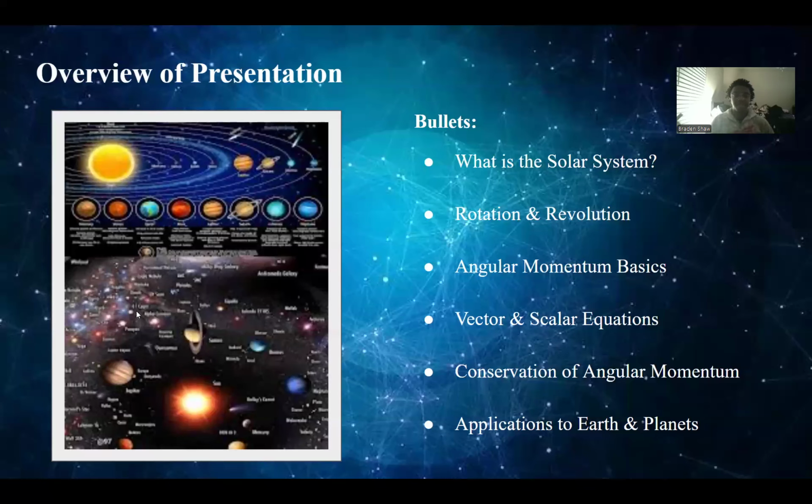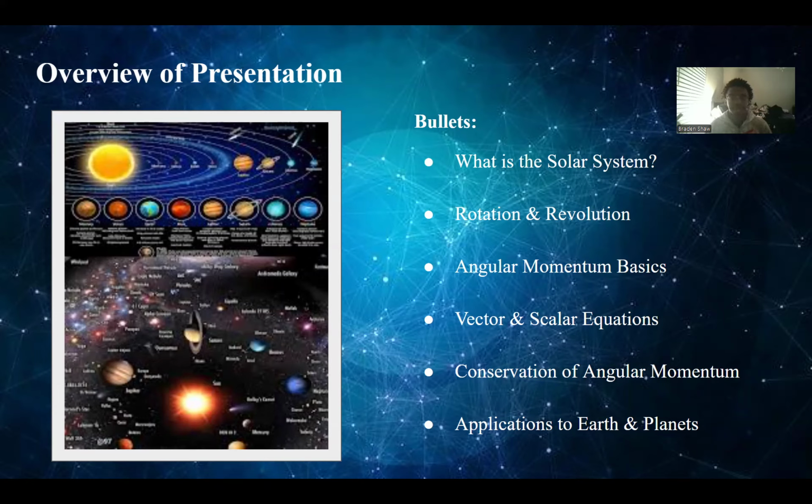So first, an overview of the presentation. Here's a roadmap of today's presentation. First, I'll give a quick overview of the solar system, then I'll explain rotation and revolution and how they relate to motion in space. Next, I'll introduce the basics of angular momentum, followed by the core equations and what they represent.